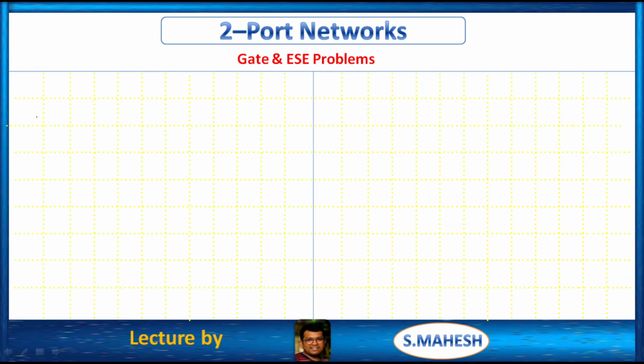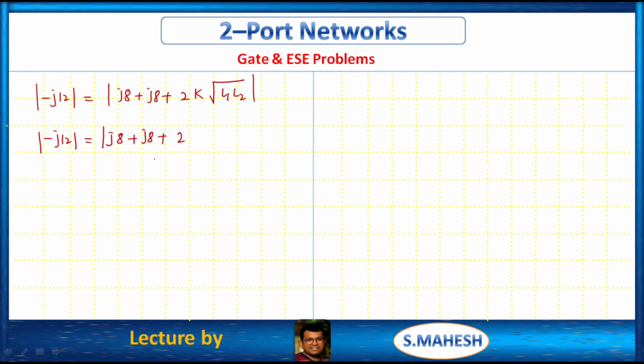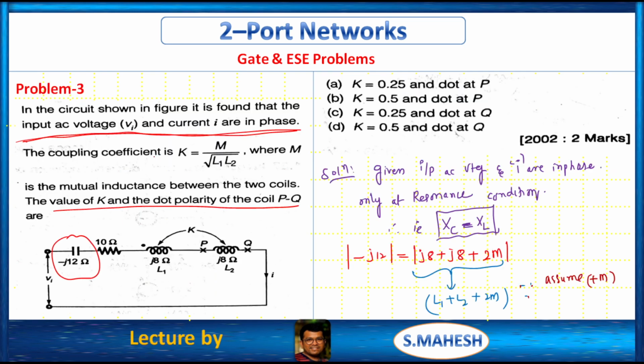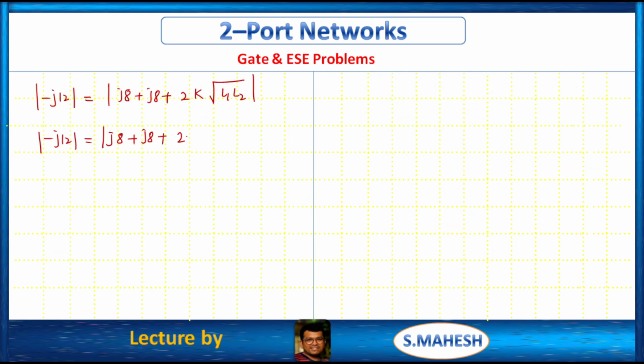Therefore, minus j12 equals j8 plus 2 in place of M, K into square root of L1 L2, right? So minus j12 equals j8 plus 2 into, what is the value of K? We don't know. This is j square 64.